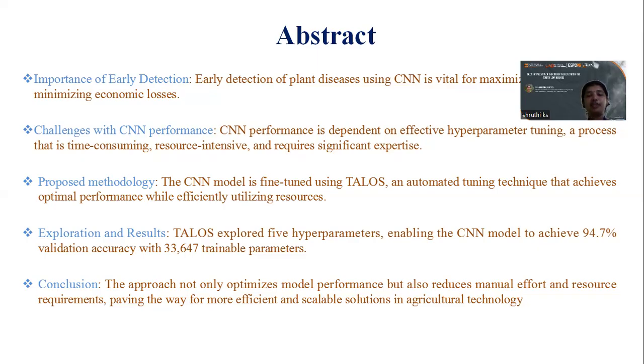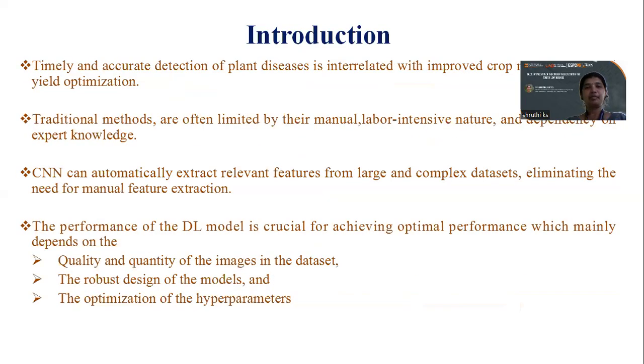After the experiment, the result shows the CNN model achieves an accuracy of 94.7% with 33,647 trainable parameters. So we can conclude that the approach not only optimizes the performance of the model, but it also reduces the manual trial and error method with the help of TALOS. So it can be considered a scalable solution in agricultural technology.